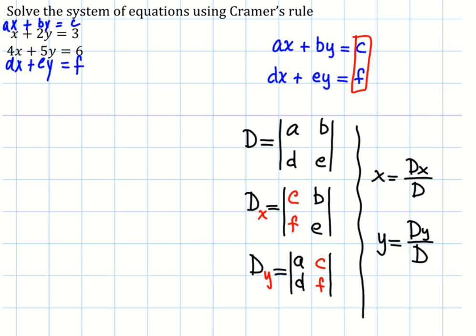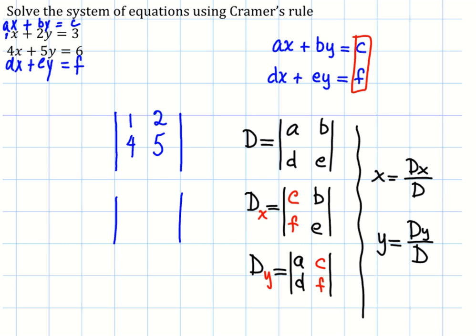Okay, so we're going to do the determinant A, B, D, and E. So A would be, notice if this represents a 1 there, so that would be 1, 2, 4, and 5. Okay, we'll go ahead and set up all three.